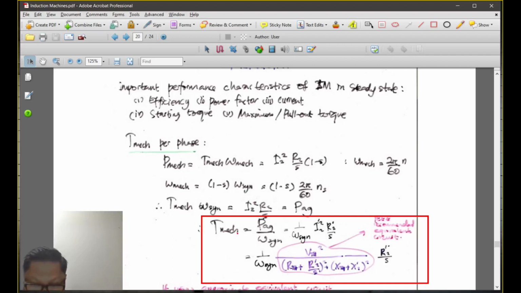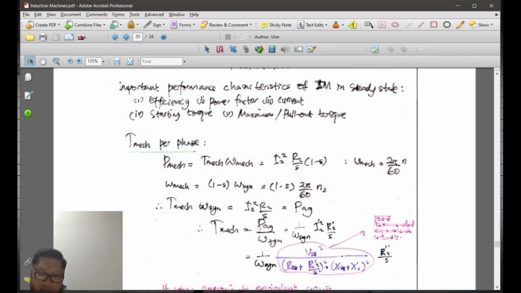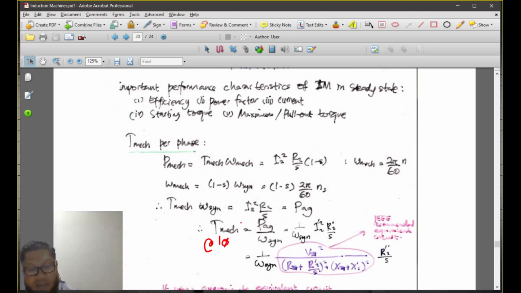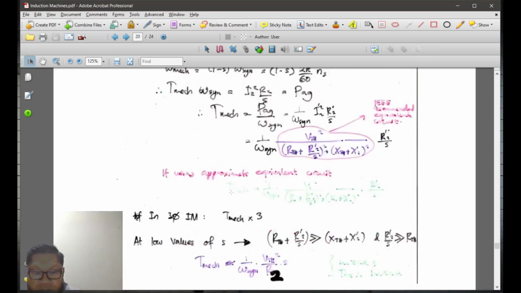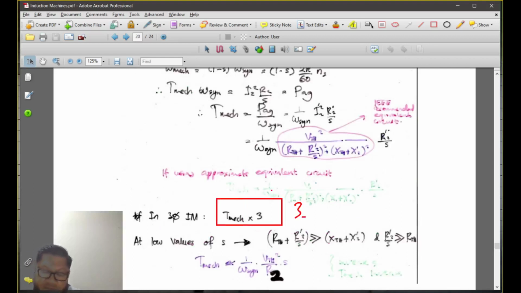So this is Tmax, P air gap over omega s. This is Tmax for only one phase. And for three phase, you just simply multiply by 3. No worries.